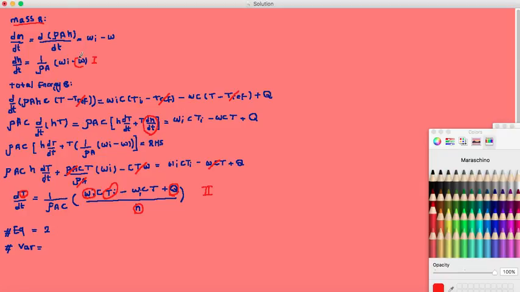If you count the number of variables, we'll have 1, 2, 3, 4, 5, 6. So the number of variables that we have is 6.